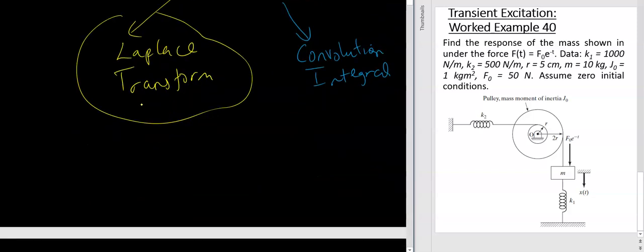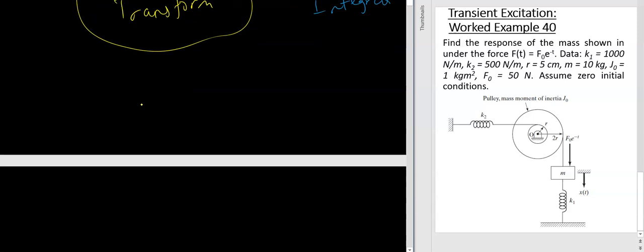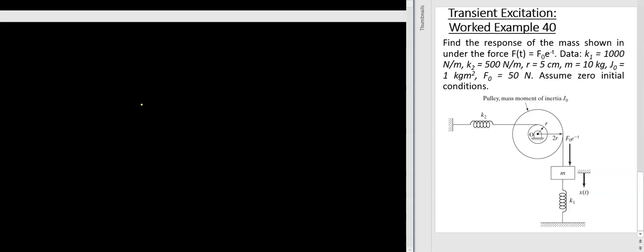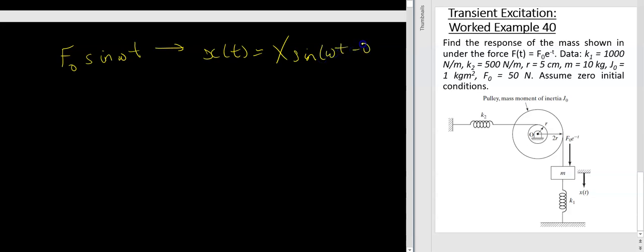Now let's think about it qualitatively for a second. When we had a harmonic excitation source of F0 sine omega t, we got a response. x(t) was capital X sine omega t minus phi, right? So the excitation source was harmonic, the response was harmonic.